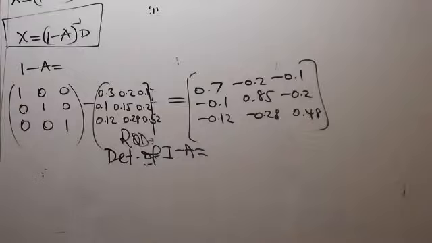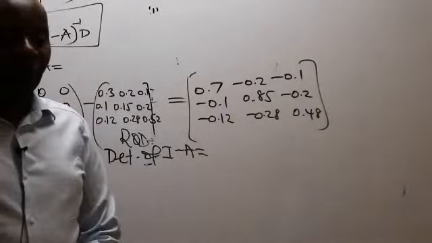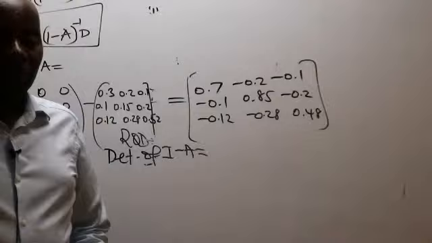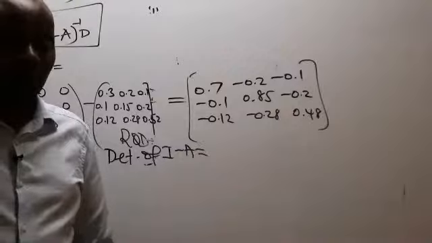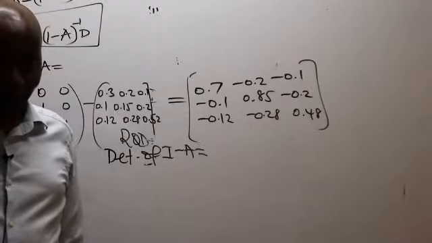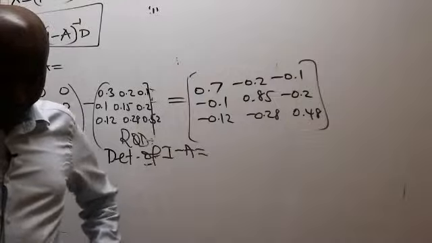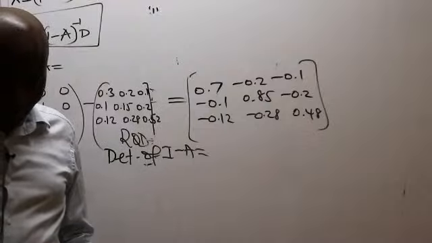I want to see whether there is a student who will be able to confirm what the AI has given us. Am I waiting for anybody to give me a figure really?